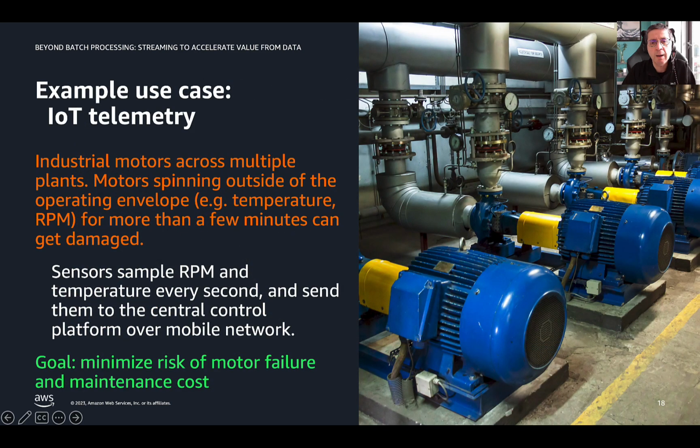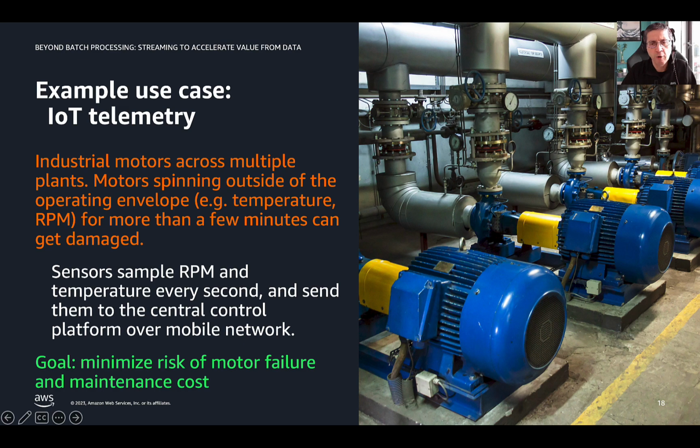But let's see a couple of example use cases that I will use during this presentation. The first is IoT telemetry. Imagine we have a fleet of industrial motors across multiple plants. To work safely, motors must run within an operational envelope that can be defined in terms of speed and temperature.